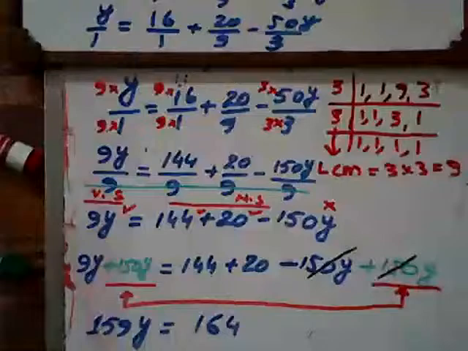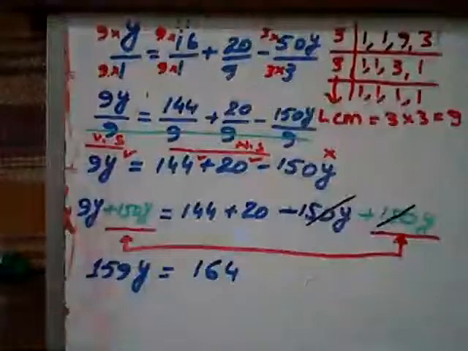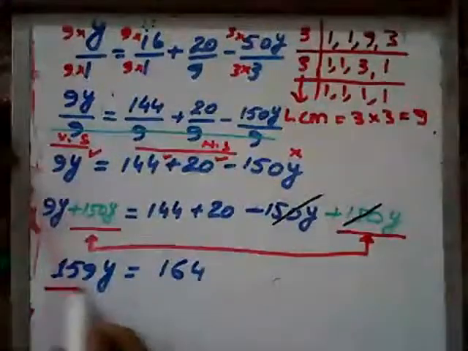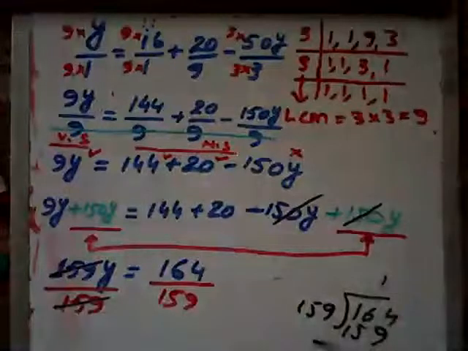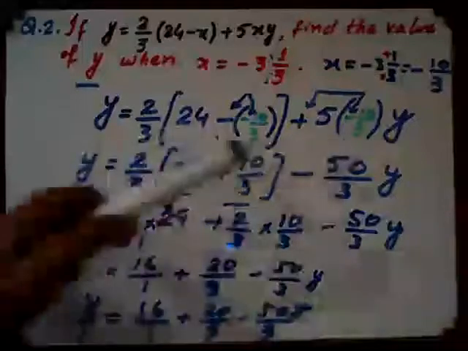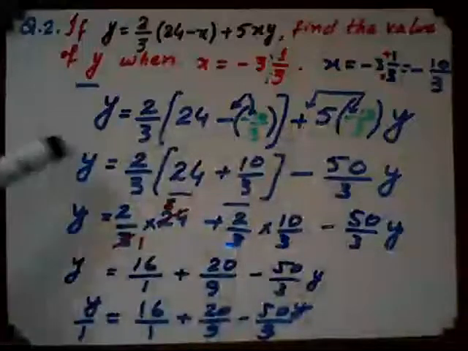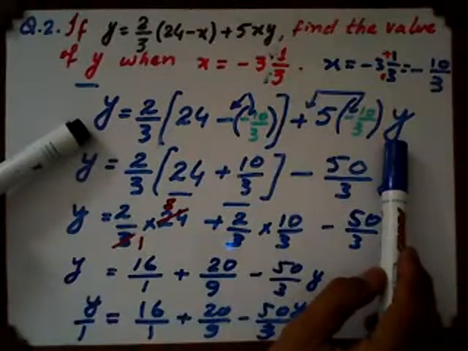We will be dividing the number by 159, and we divide 164. 1 times 159, and carry forward. Put the values, and you can see that the variable comes 2 times, whose value was to be put, and the unknown variable also comes here.